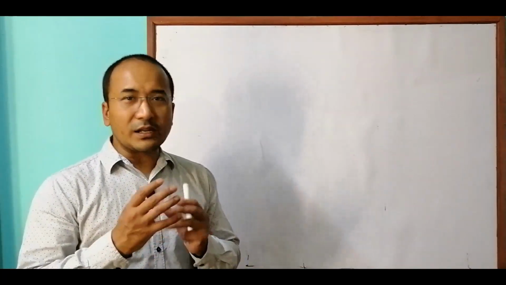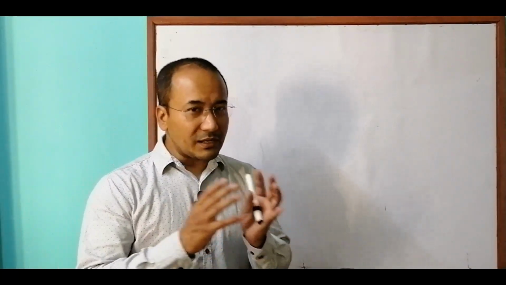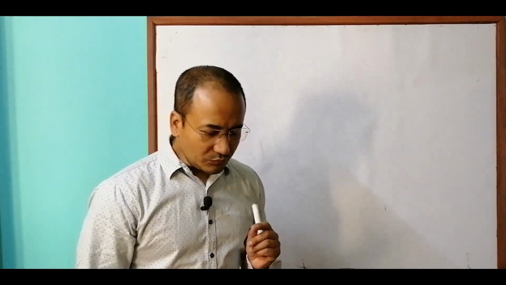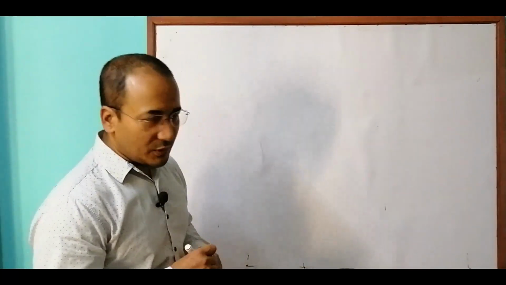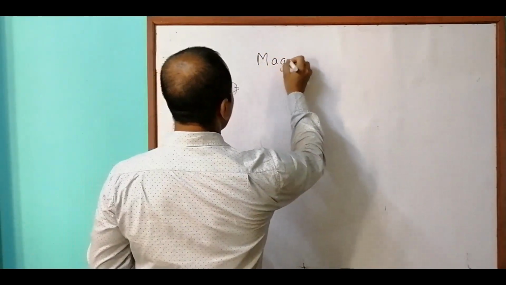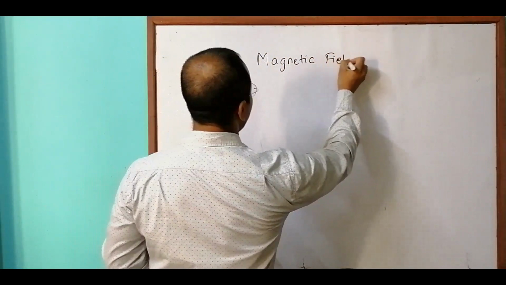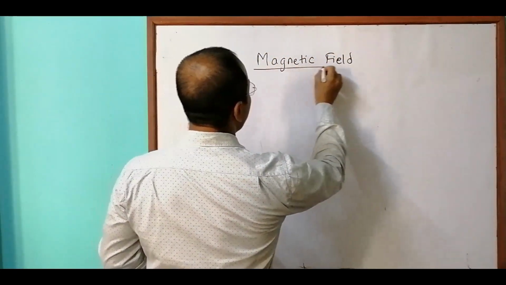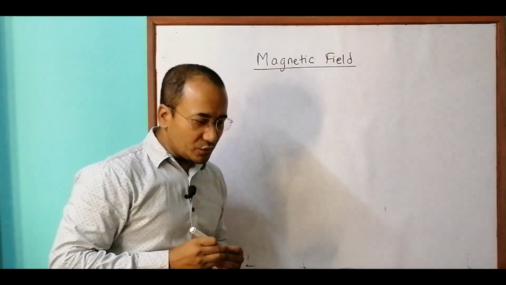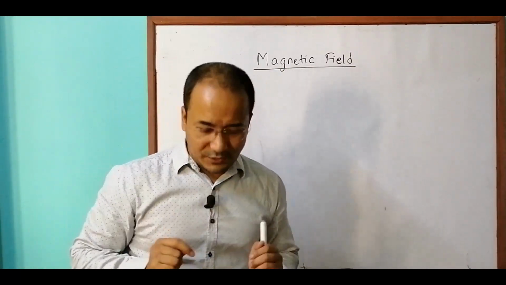Though that is not the only condition; sometimes we have to have a movement, balanced movement, imbalanced movement, and so on. Regarding magnetism, let us write the topic first: magnetic field or magnetism. Magnetism is basically due to rotation or revolution of charge.